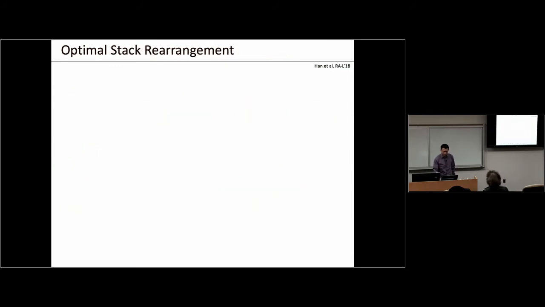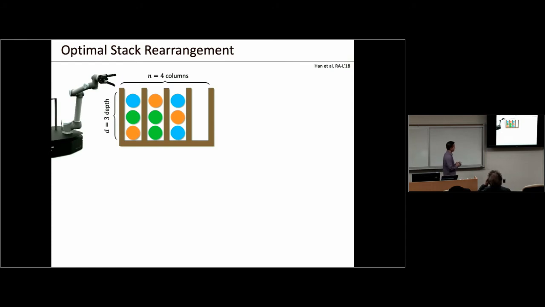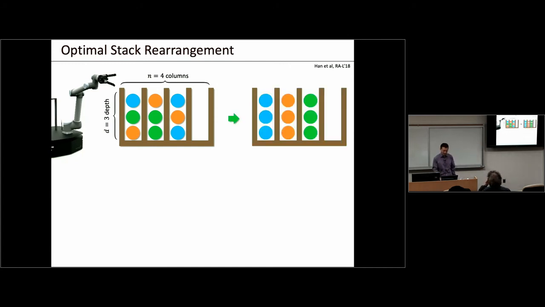Okay, so a second topic I'm going to discuss a little bit is the optimal stack rearrangement problem. So here, objects are placed in stacks, and they can only be accessed from the top of the stack. Again, we want to arrange these objects in some manner, say from that to that. Okay?